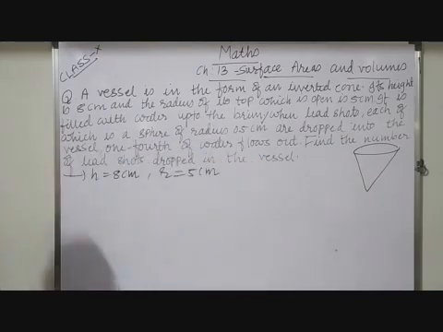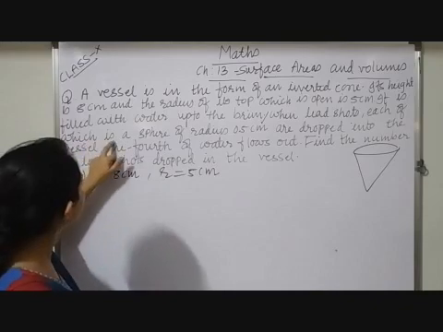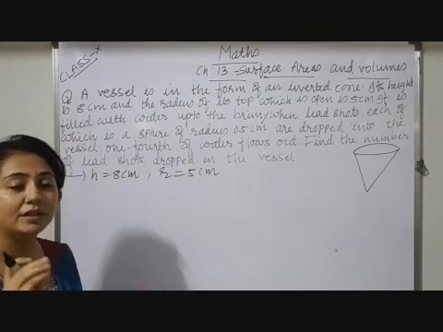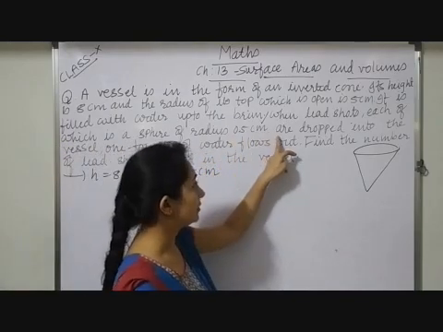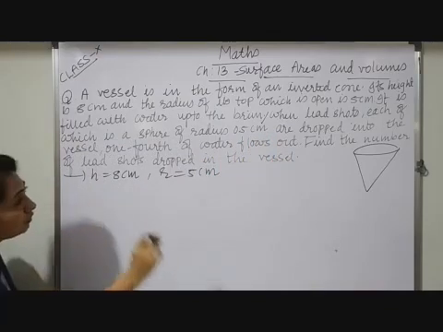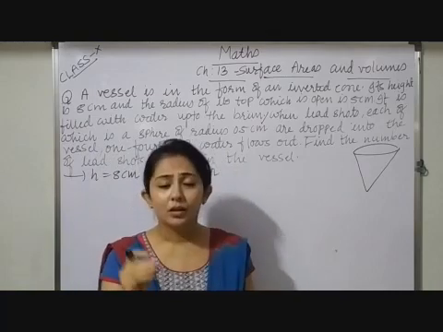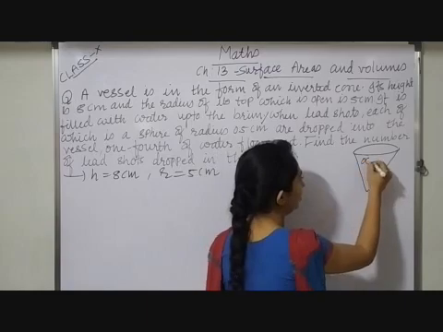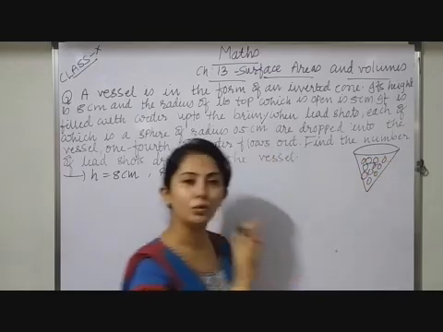Now see, further it is given that lead shots, each of which is a sphere of radius 0.5 centimeter, are dropped into the vessel, and 1/4 of the water flows out. So while I drop some lead shots in the vessel, 1/4 of the water flows out.